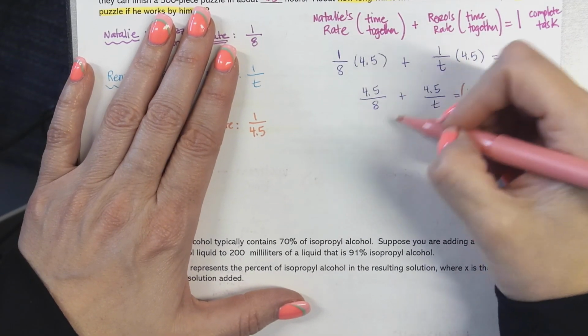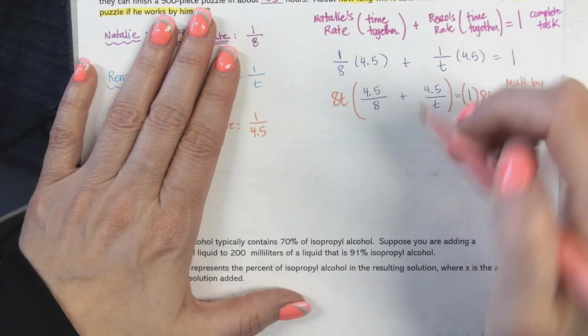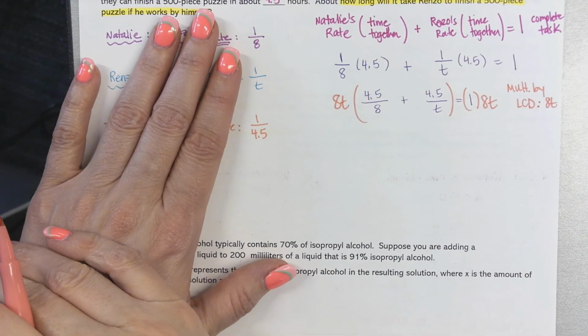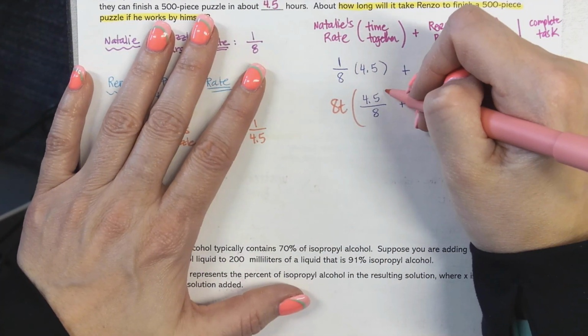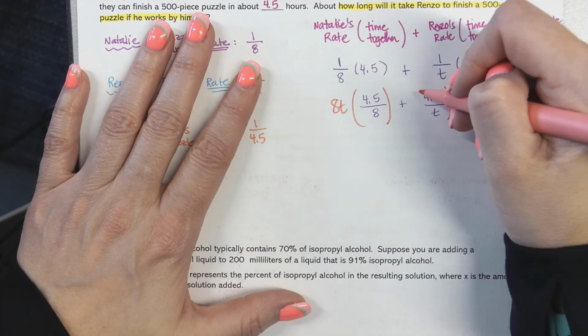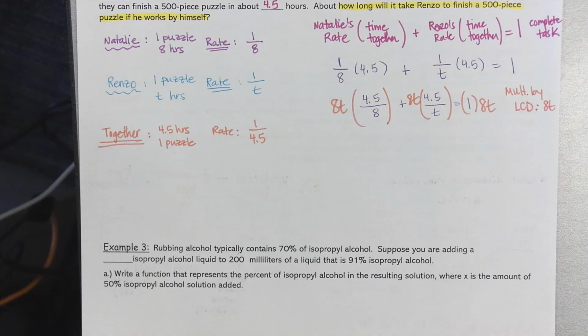Okay, so if we multiply 1 by 8t, that's going to be on this side. And then when you multiply this whole side by 8t, you're distributing. So like I said earlier, sometimes I just like to write it out next to each one. So distribute to this and distribute to this. And you can do your cancellation.